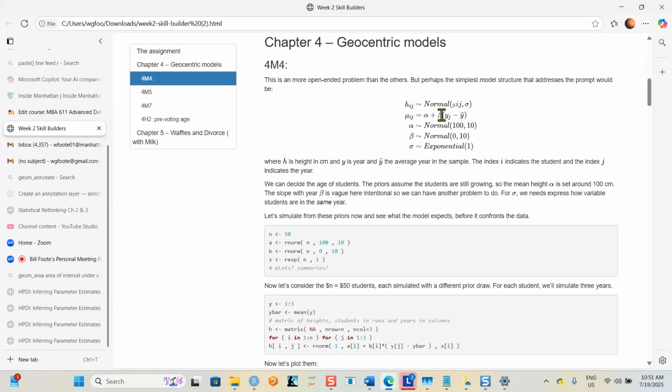Beta is the impact parameter, and we're using a technique called centering. We're centering years around the mean year. Now, this is a statistical trick, but it's also a way to get inside of alpha plus beta times the year minus beta times y bar, the average year, the mean year, and that makes things constant.